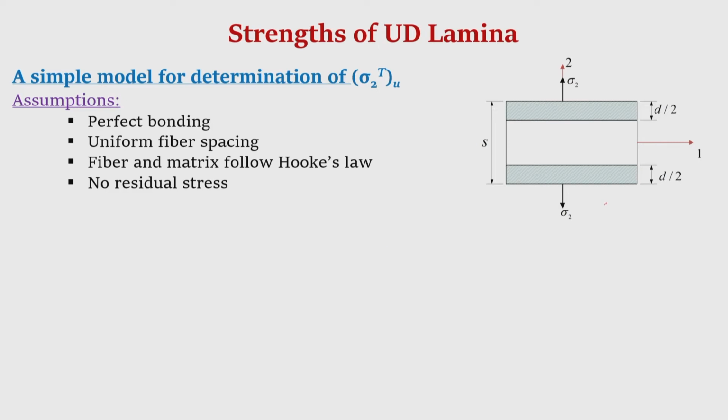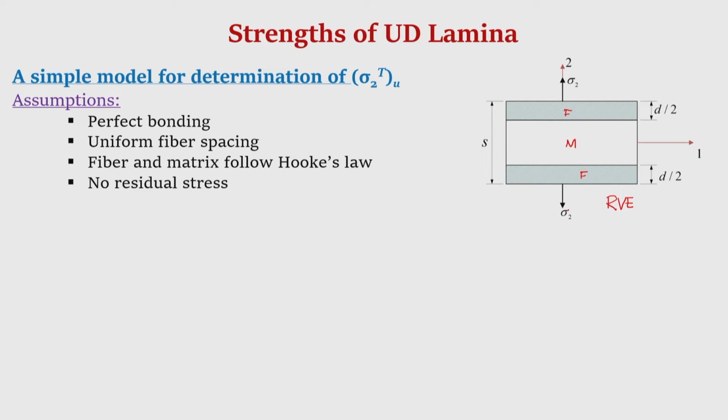So, a simple model for determining this: considering this RV, which we have done earlier also. Consider an RV having fiber diameter d and the fiber spacing as S. Therefore, this is the fiber, this is matrix, it is a single fiber RV. And the stress applied in the direction 2 is sigma 2.